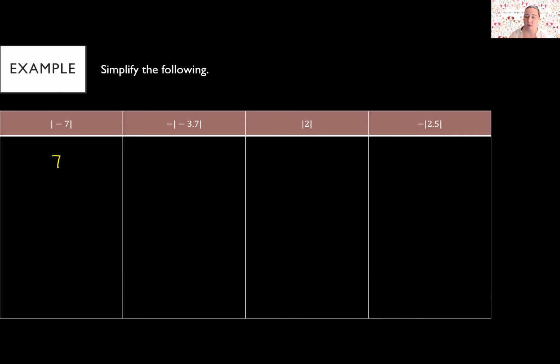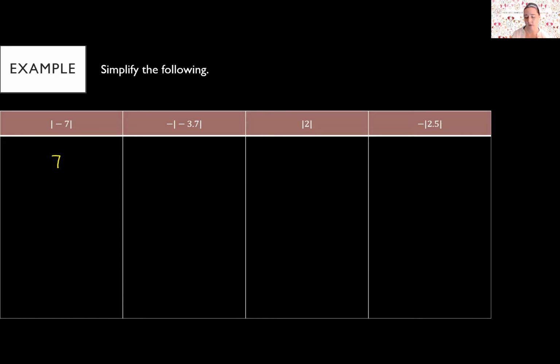The next one over, we have a negative on the outside of the absolute values and on the inside. When you've got multiple negatives like this, you cannot multiply a negative on the outside to the inside of an absolute value. They do not multiply through like that.